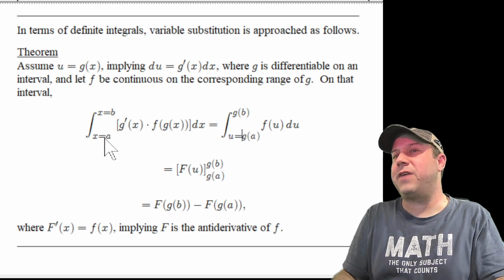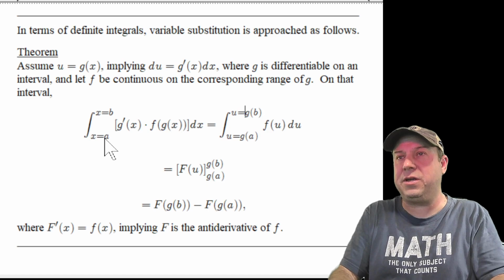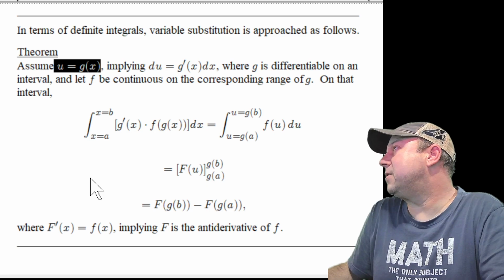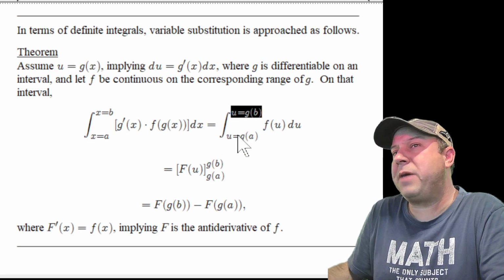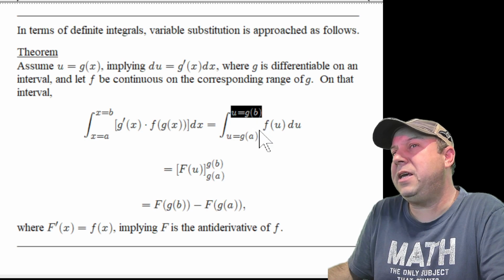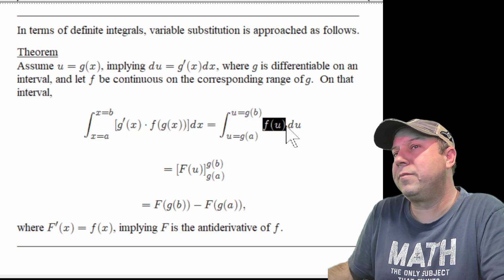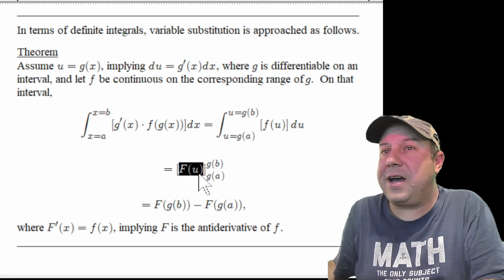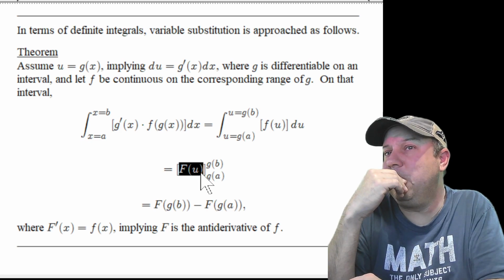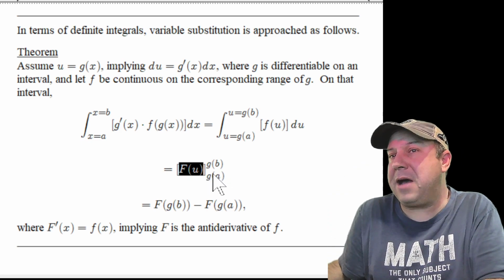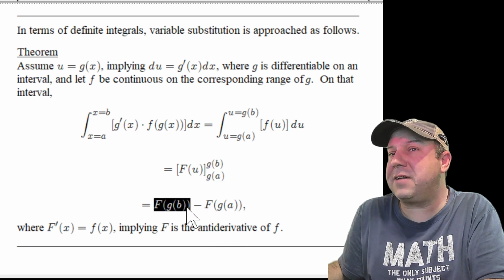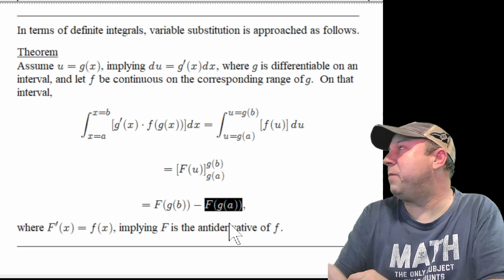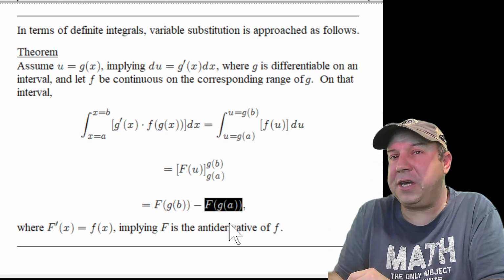And how we obtain those values of u is we use that function that we declare to be u in terms of x, that function u equal to g of x. So we evaluate now across the bounds from g at a up to g at b the value of f of u du. We are going to take the antiderivative cap F at u and now evaluate it across the bounds at g at a and g at b, which is like finding cap F at little g at b, and taking away from it the value of cap F at little g at a.